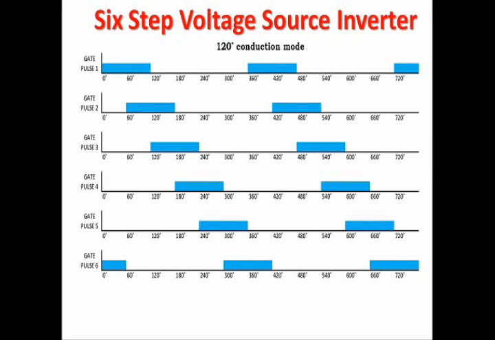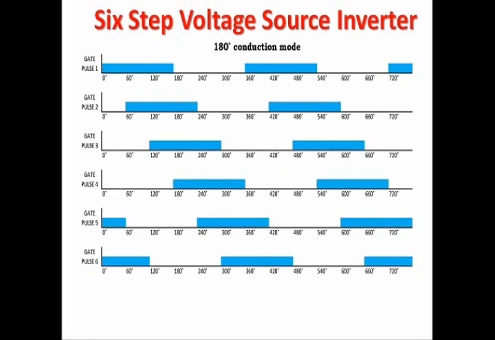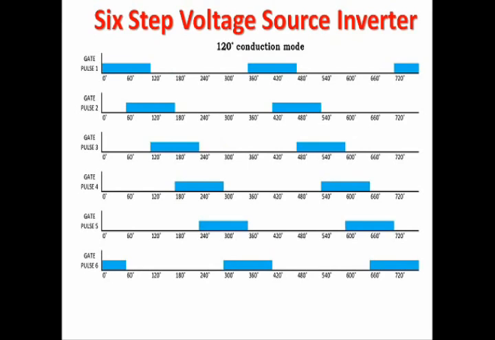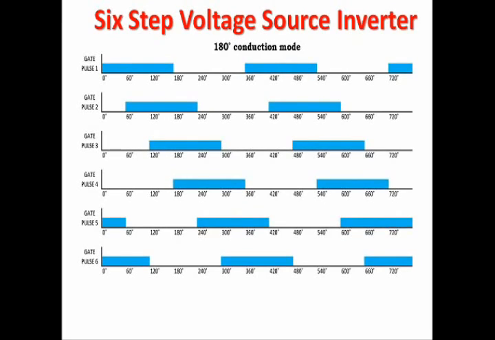The other main difference will be the output waveforms. The phase and line voltages will change for these two conduction modes. While looking at the switching circuits here, in the 180 degree conduction mode, at each and every electrical phase, for example at 0 degree, 3 switches are switched on simultaneously. Check here: at 0 degree, gate pulse 1, gate pulse 5 and gate pulse 6 are present, which means S1, S5, S6 are switched on.